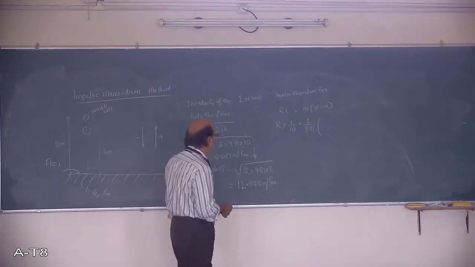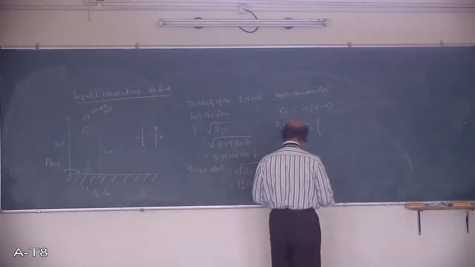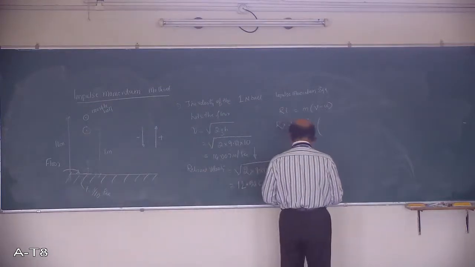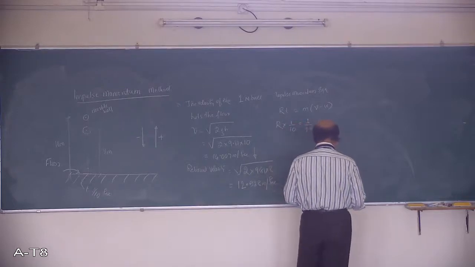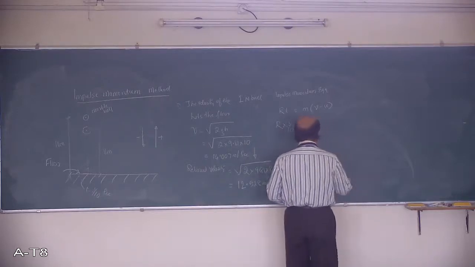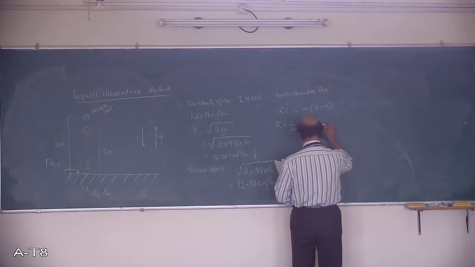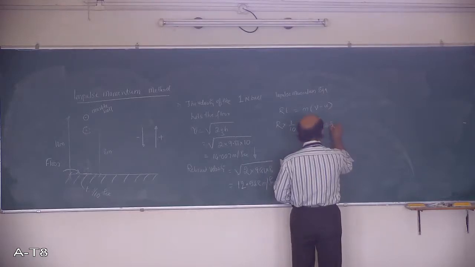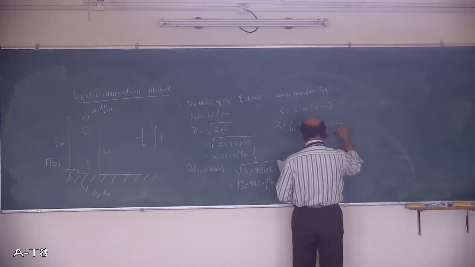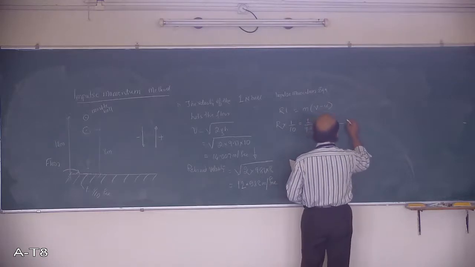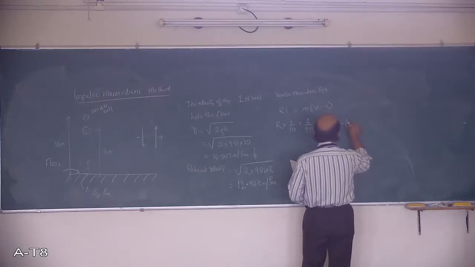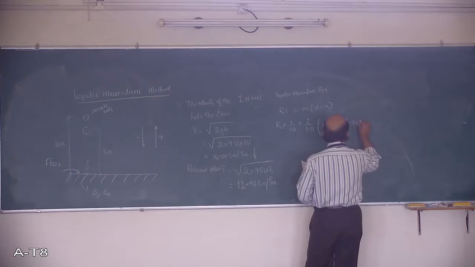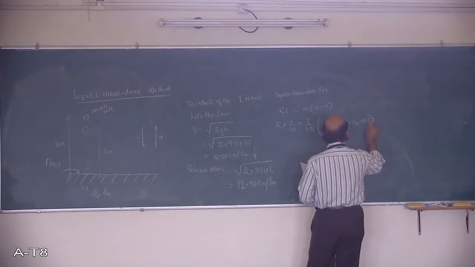Now I'll substitute: upward is 12.528 for v, and when it hits, that is taken as u, which is minus 14.007.